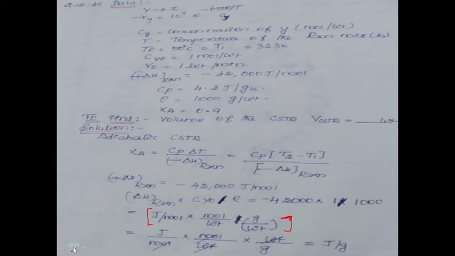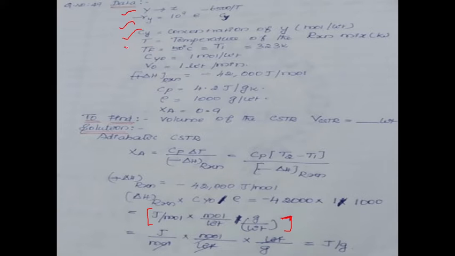Data. Reaction capital Y gives Z. Rate of consumption of Y, minus Ry is equal to 10 to the power of 9 e power minus 6500 divided by T into Cy. Cy is equal to concentration of Y in mole per liter.